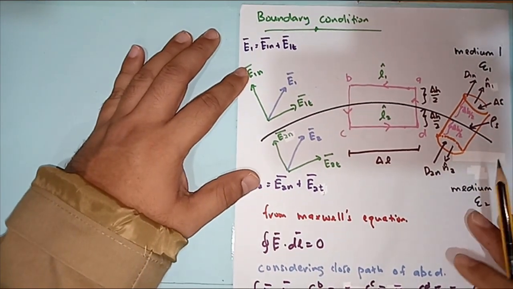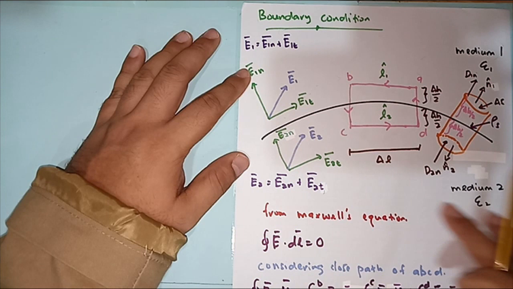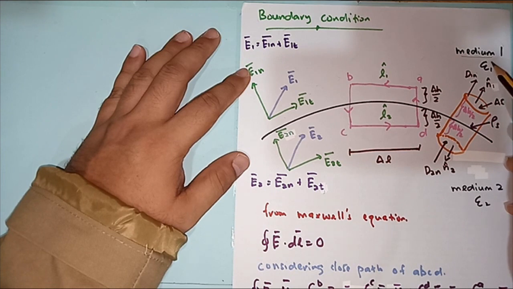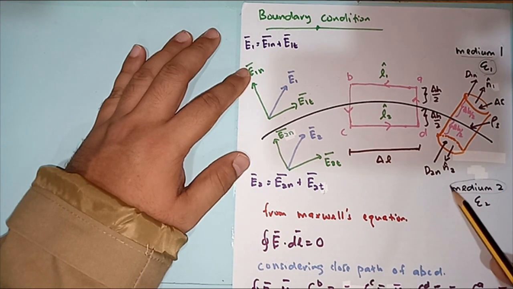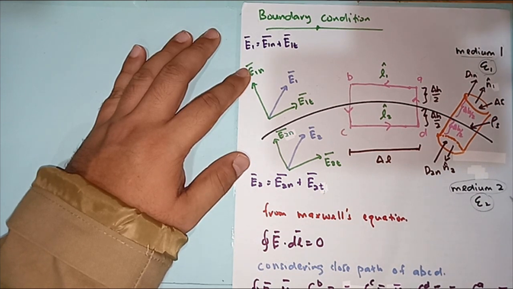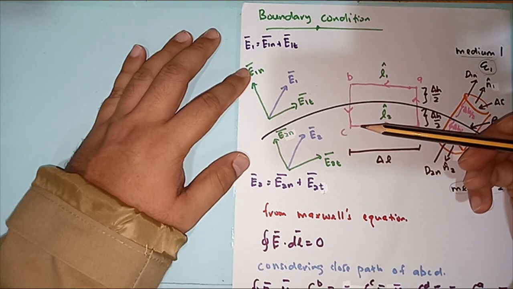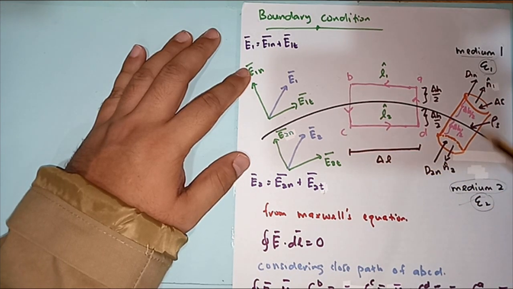Alright, to understand that topic, let's consider this figure. We have two media: medium 1, which has electric permittivity equal to epsilon 1, and medium 2, which has electric permittivity equal to epsilon 2. The electric field intensity travels from medium 2 to medium 1.